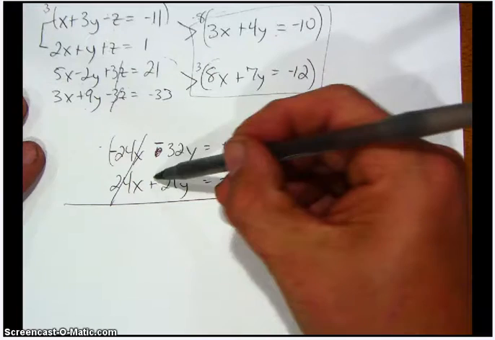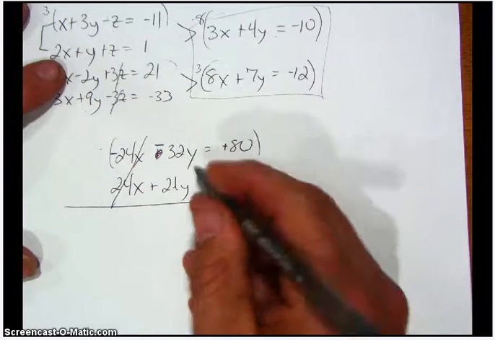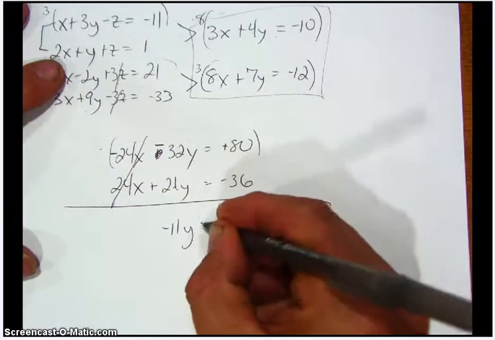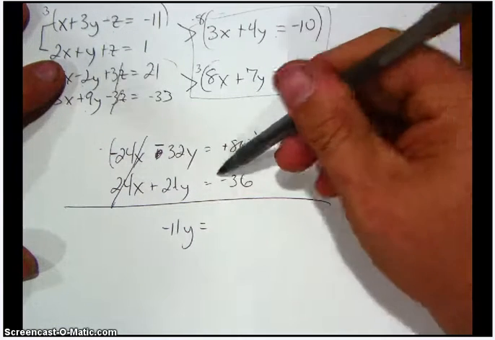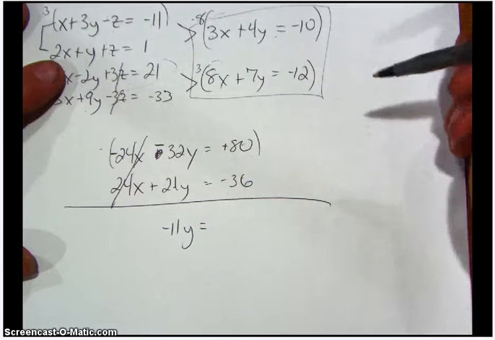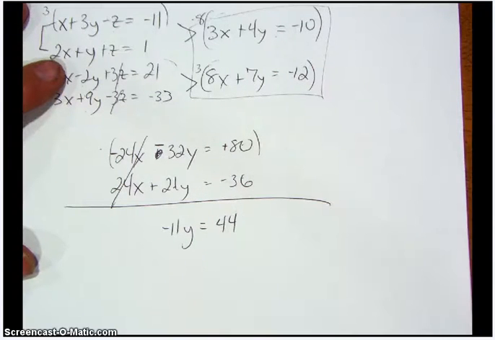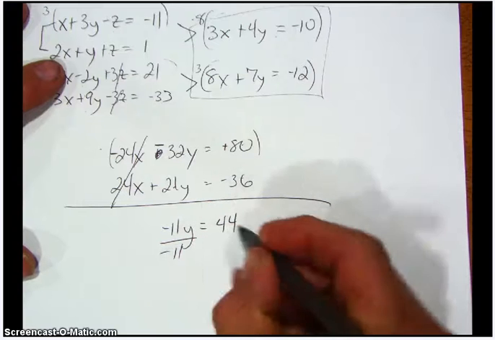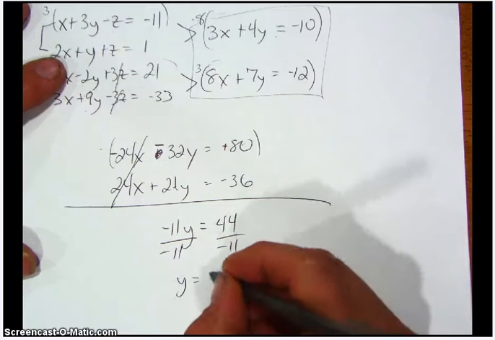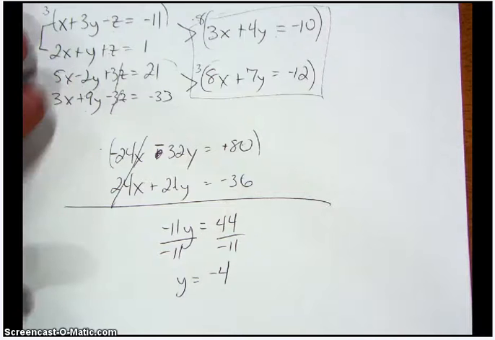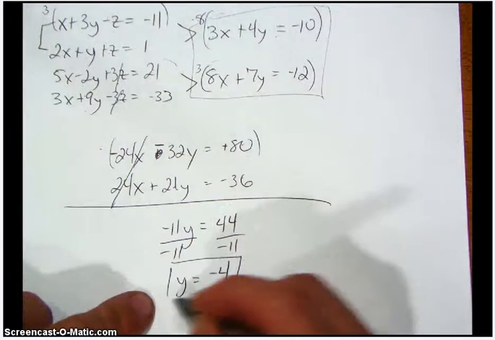Negative 32 plus 21 is negative 11, so negative 11y equals 80 minus 36, which is 44. Then divide by negative 11. y is equal to negative 4. Okay, now we found our first answer.